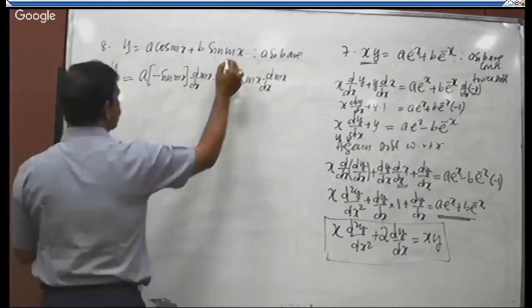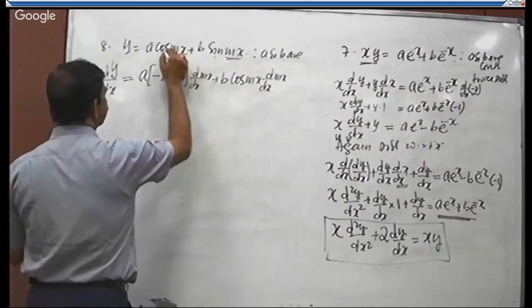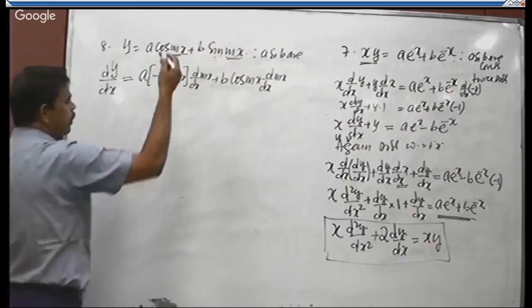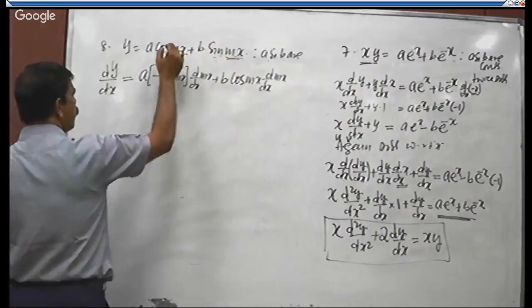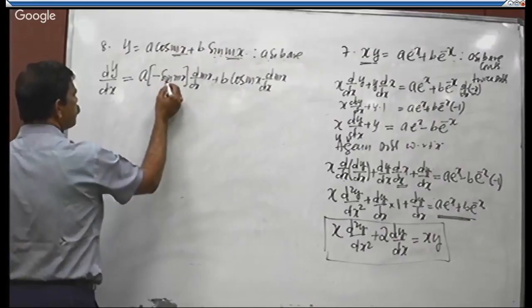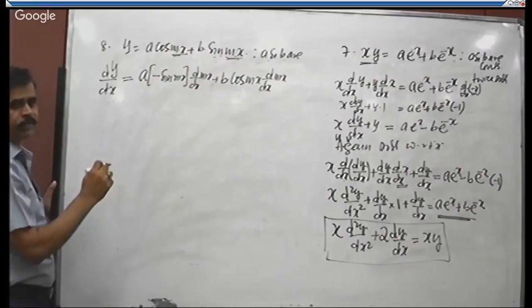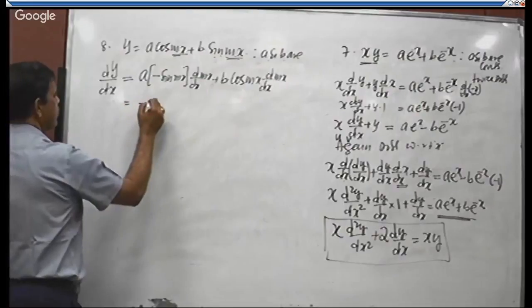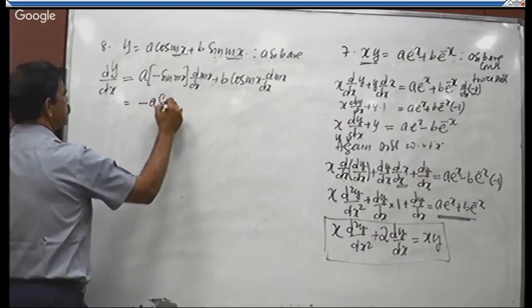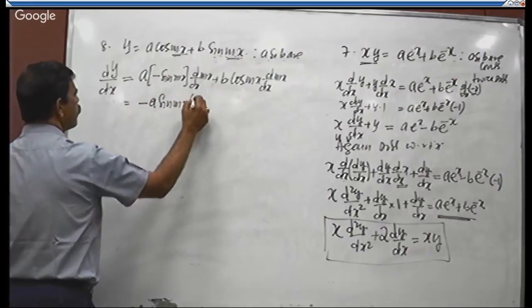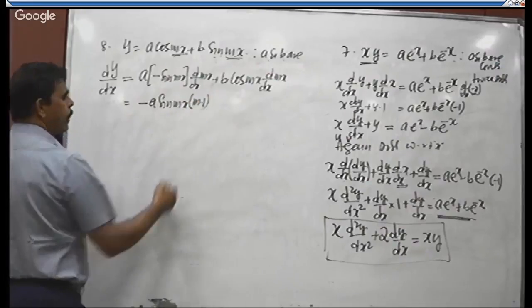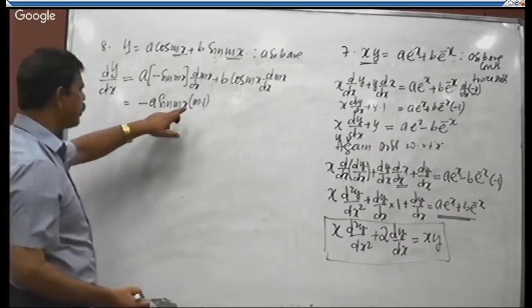It is treated as what? Function. Cos function, sine function. For cos x, it is minus sine x. For cos function, it is minus sine function into d by dx of the function, right? It is equal to minus a into sine of mx into differentiation of mx; m is constant, and for x it is 1.